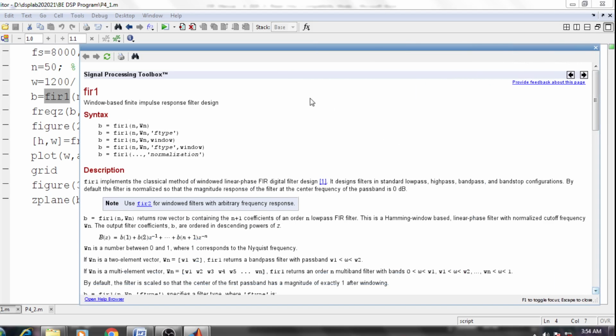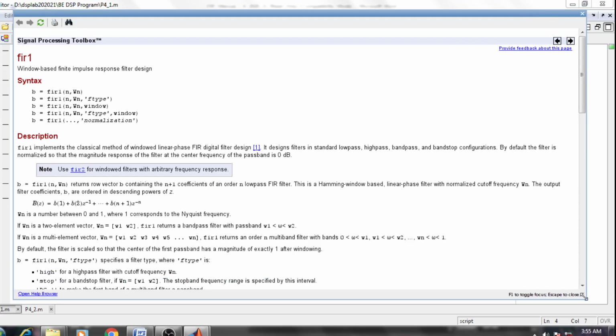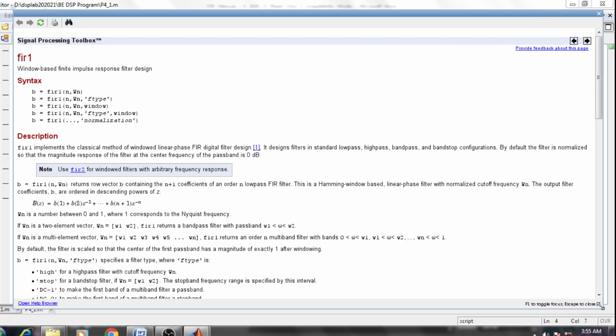I hope you can see now the use of the FIR1 function. Its name is window based finite impulse response filter design. This function is readily available in MATLAB.